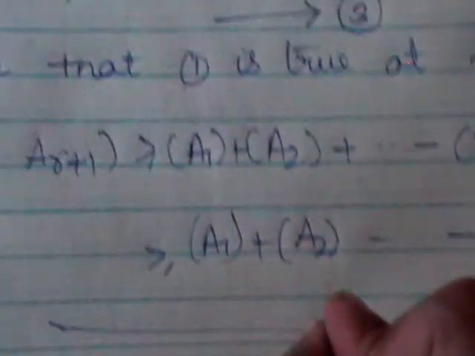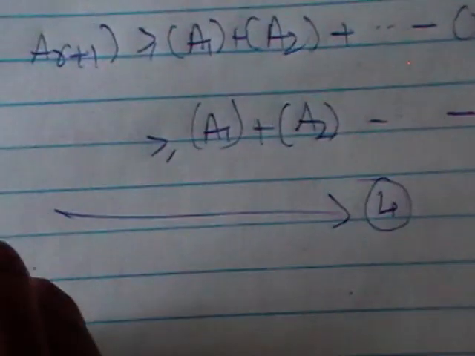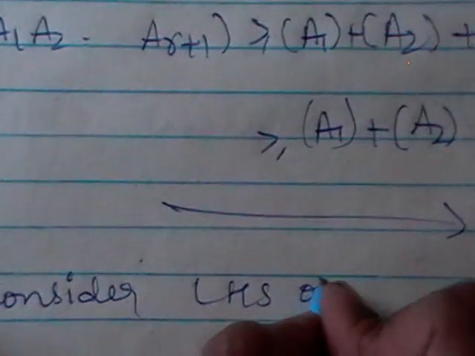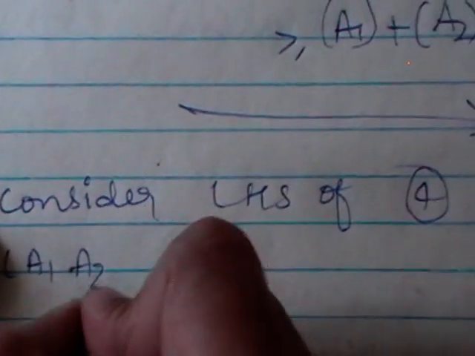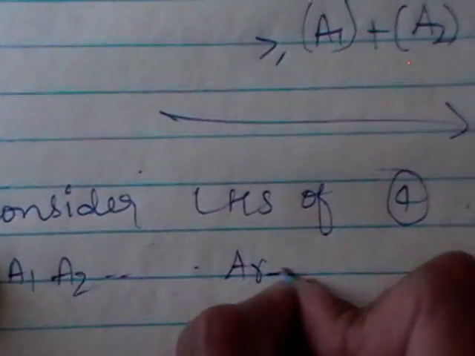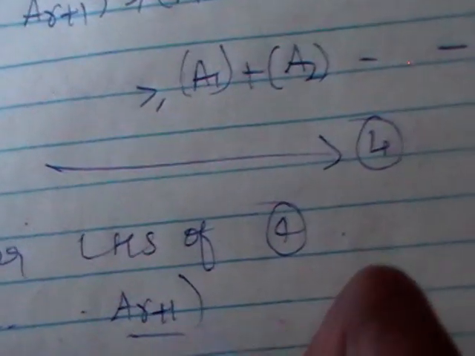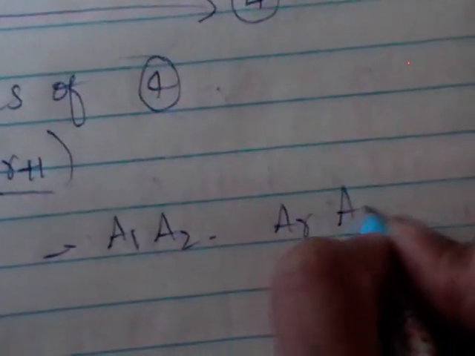Let us consider 4. Consider LHS of 4, bracket a1 a2 so on ar plus 1. I think if we have r plus 1 terms, it is obvious that the preceding term is nothing but ar. So a1 a2 ar, ar plus 1.